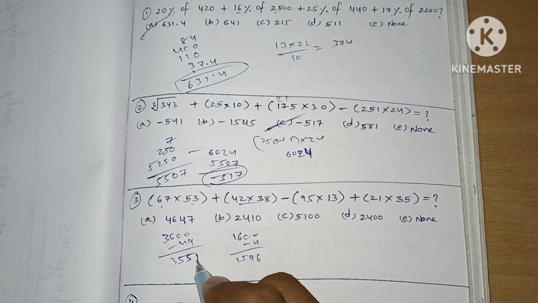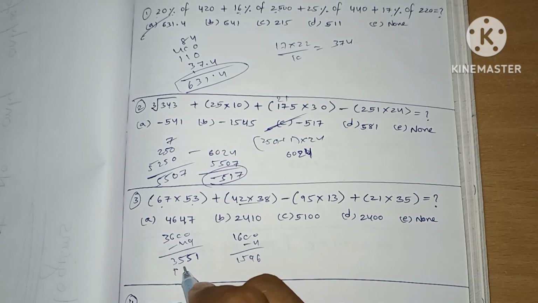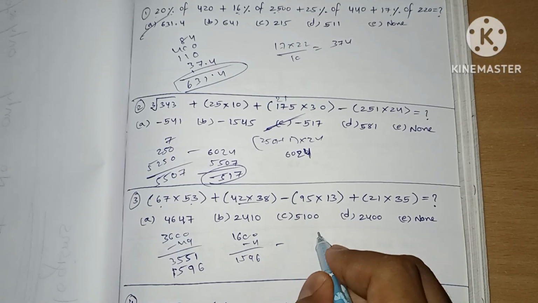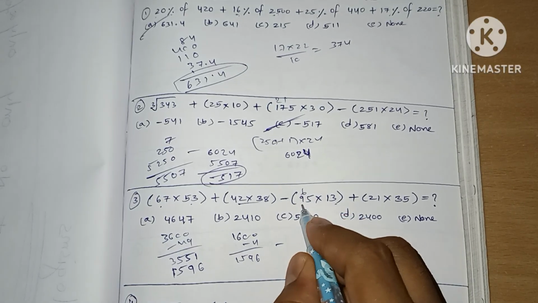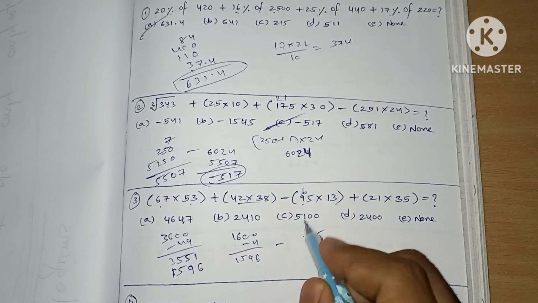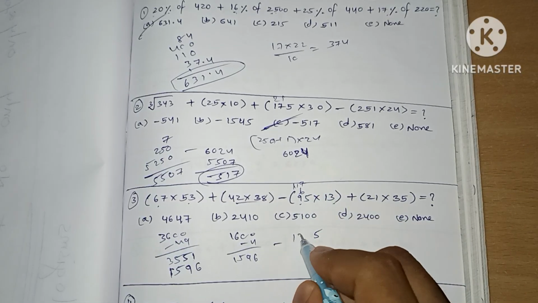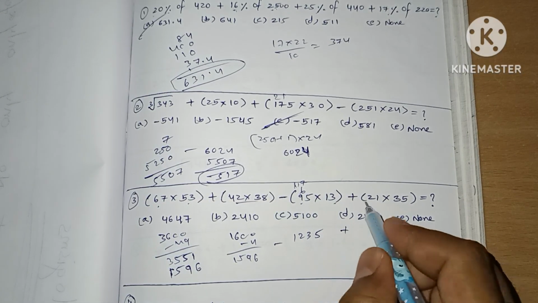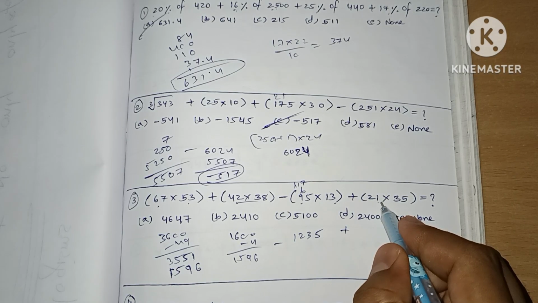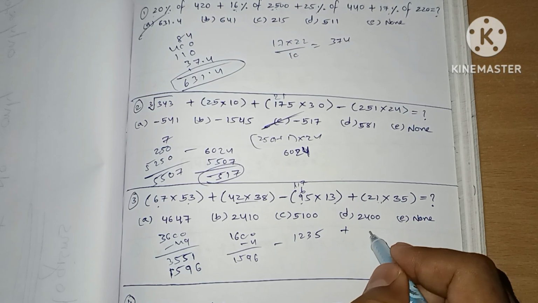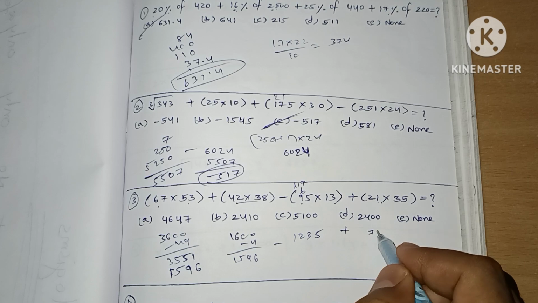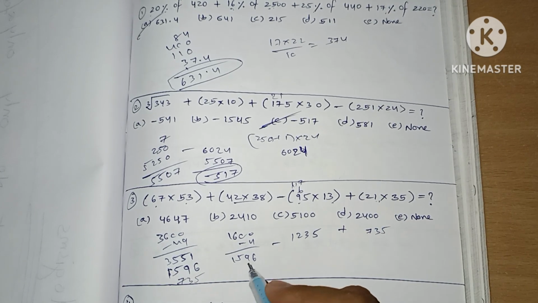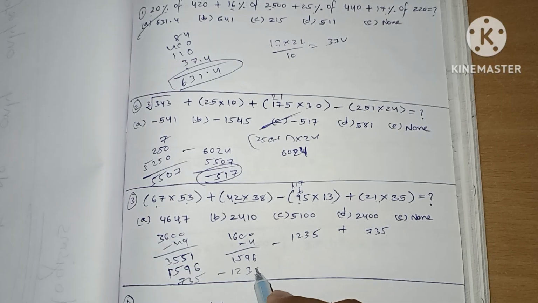So 3551 plus 1596 minus 13 5 times is 65, 13 9 times 117 plus 6, 117 plus 6 123. So plus this will be 700 plus 35, 735. So we get 735 minus 1235.